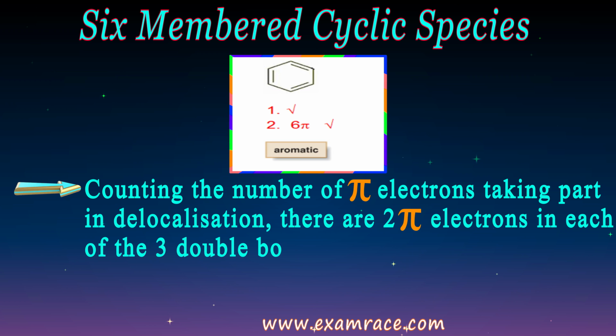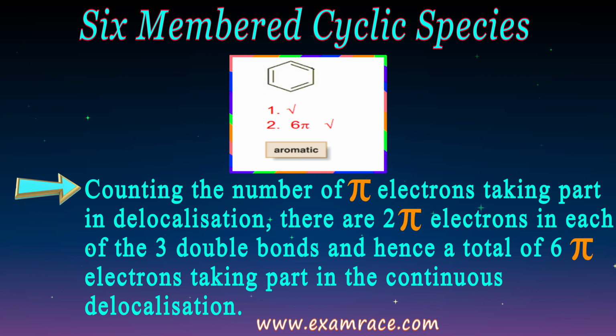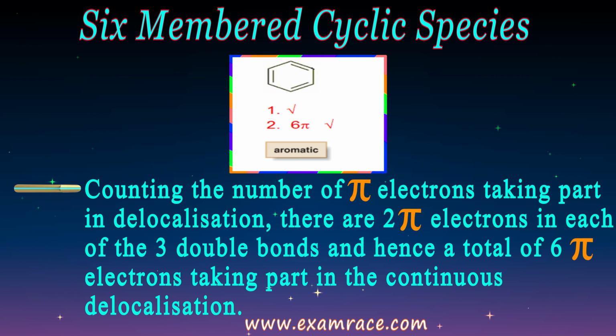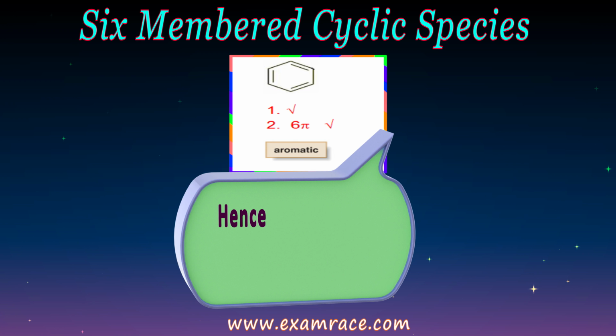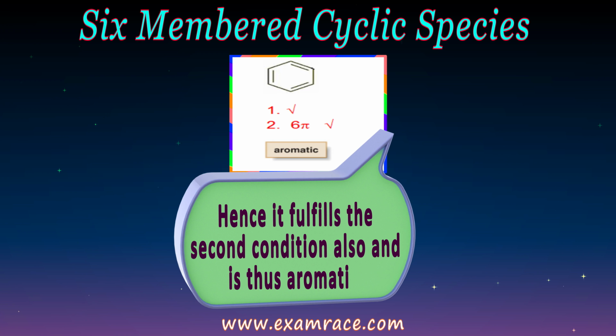Now, if we see the number of pi electrons taking part in delocalization, there are 2 pi electrons in each of the three double bonds, and hence we have a total of 6 pi electrons. So the second condition is also fulfilled. So this benzene ring is aromatic.